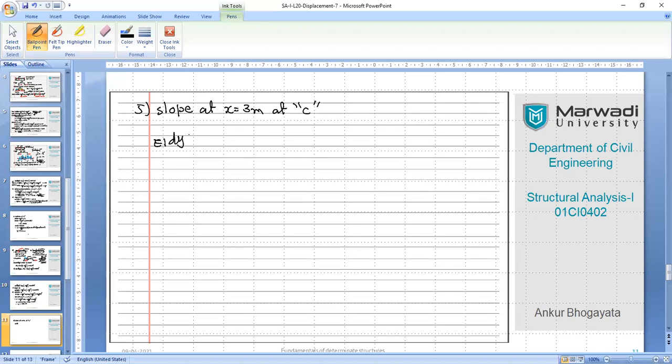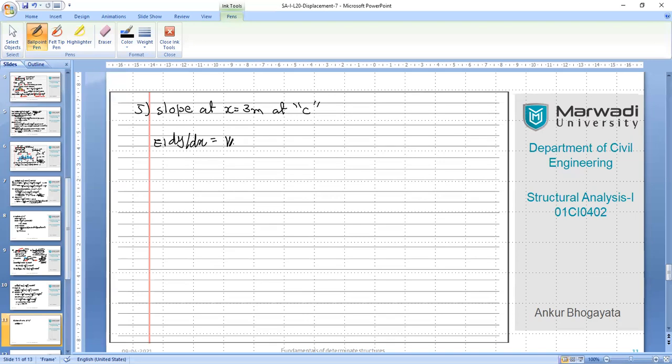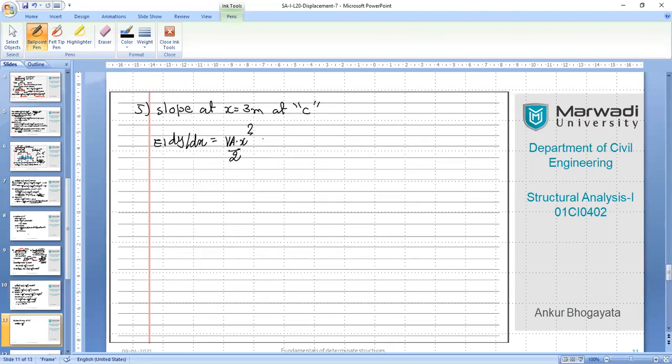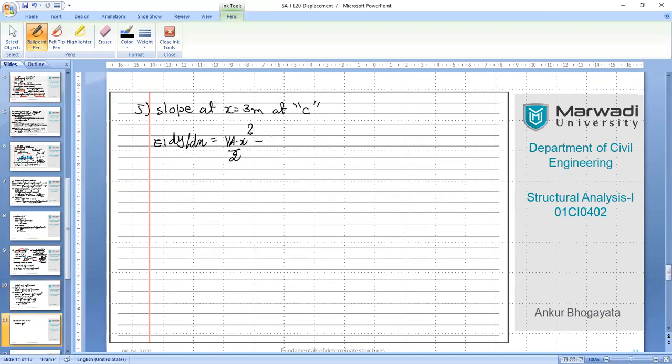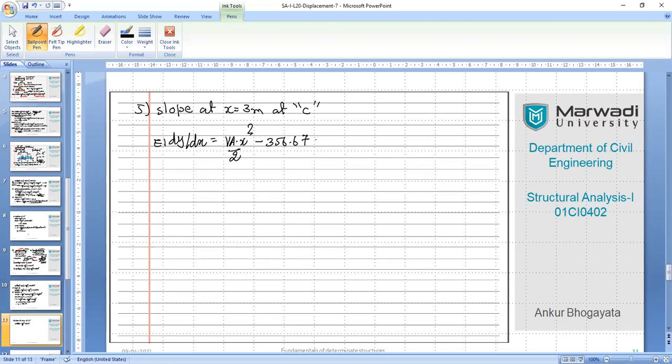EI dy upon dx equals VA x square by 2, plus C1. So negative 356.67, and here we have minus 15x cube upon 6, so we will add minus 15 x cube upon 6.